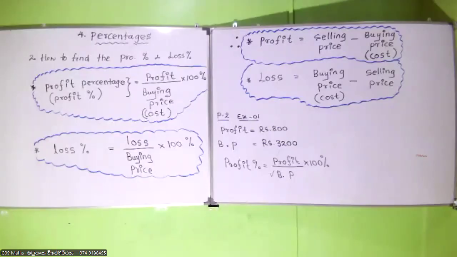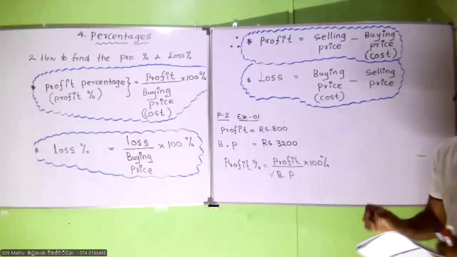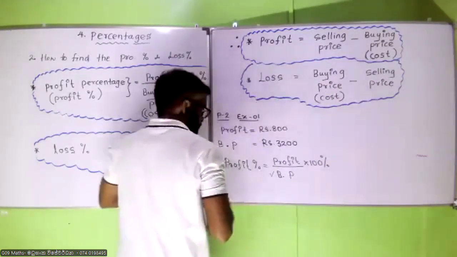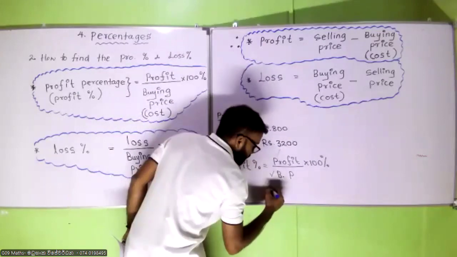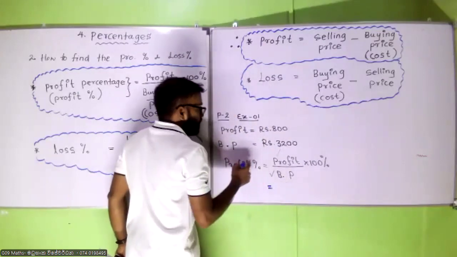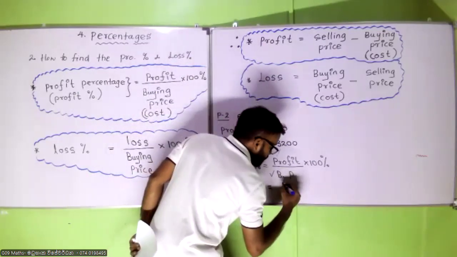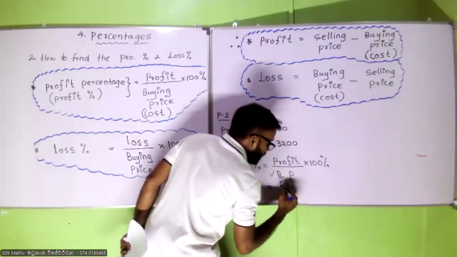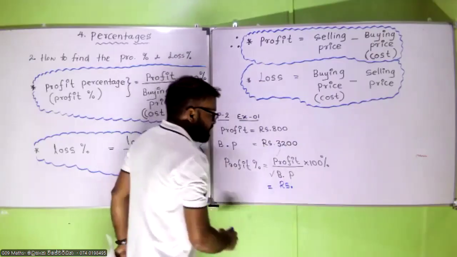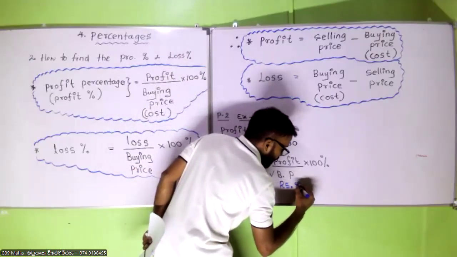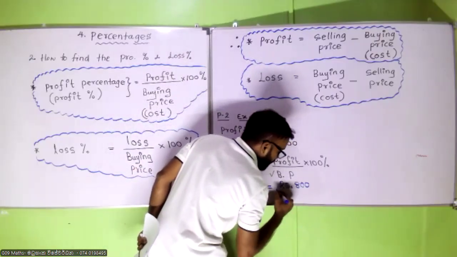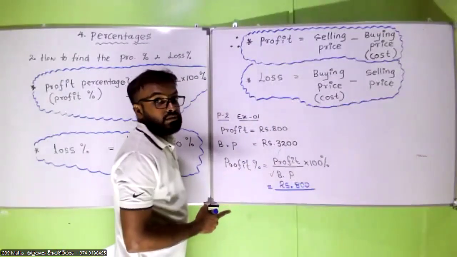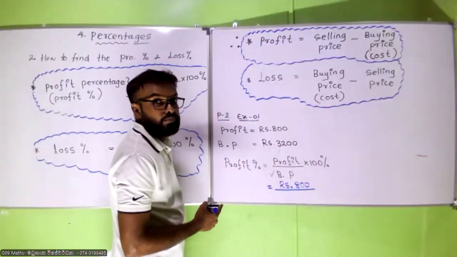So you have to substitute. Equal mark. You know the profit is 800 rupees. It would be better if you substitute with the unit: rupees 800 divided by buying price.